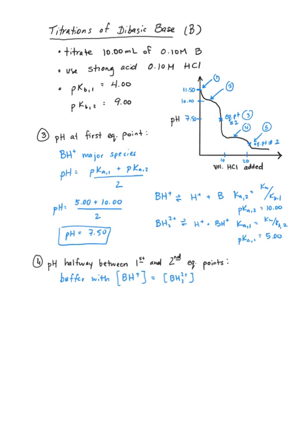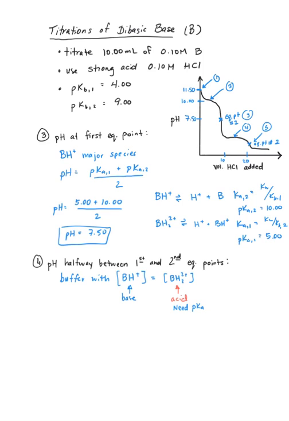Here, though, our acidic conjugate is BH2+ and our basic conjugate is the BH+. In order to calculate this buffer's pH from Henderson-Hasselbalch, we really need the pKa for this substance. Luckily, in the previous step, we've figured that out. Up here, we showed the pKa for BH2+. We determined it was 5.